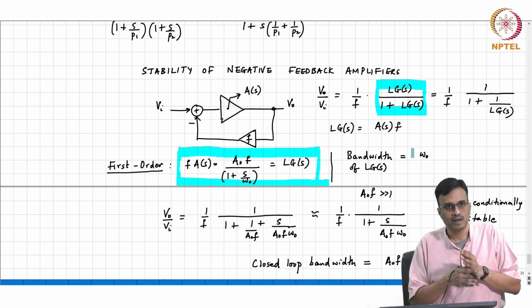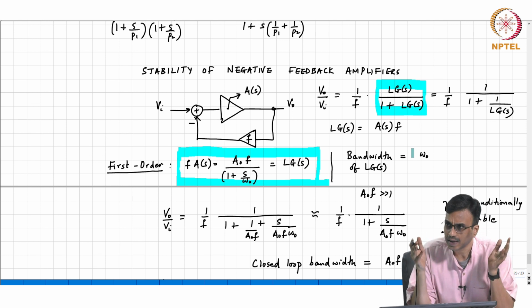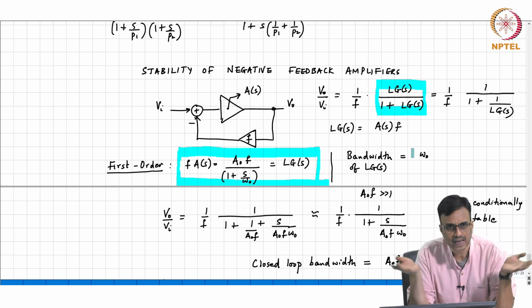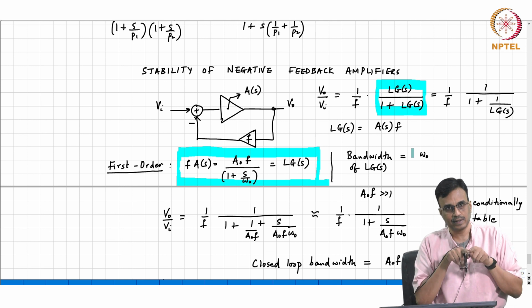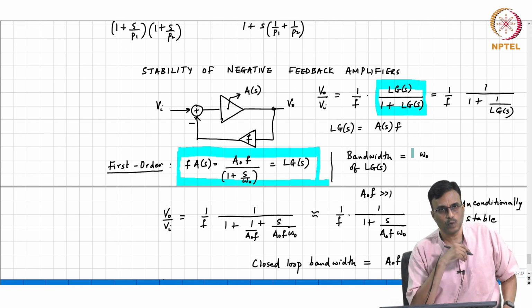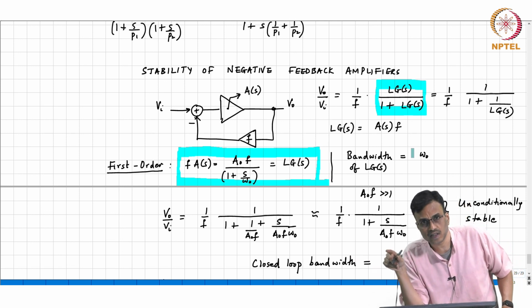We originally thought that the feedback is breaking even at omega naught, and therefore the loop apparently should not work, but the feedback is actually working quite nicely even up to frequencies as large as A naught F omega naught.